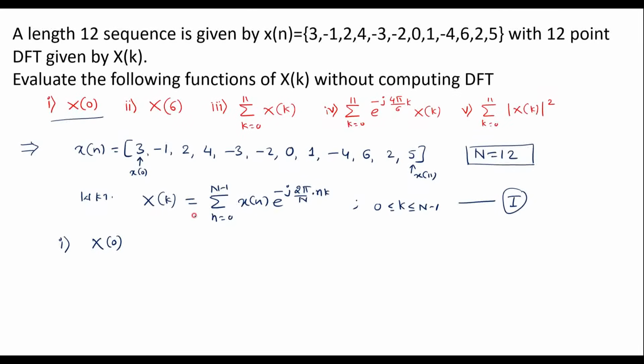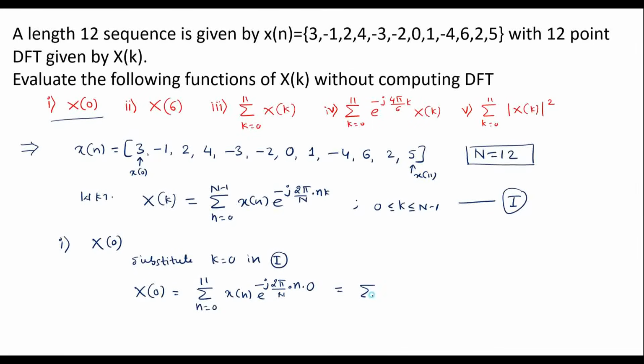Now look at equation 1. We'll get X of 0 only when k is equal to 0. So let's substitute k equal to 0 in equation 1. Therefore I can write X of 0 is equal to summation n equal to 0 to 12 minus 1, that is 11, of x of n e power minus j 2 pi by N into n into 0, as k is equal to 0.